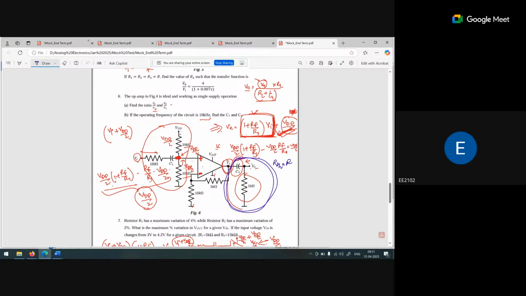That RTH is nothing but RL, because there is only a single resistance, so RTH is equal to the RL. Now again the formula F is equal to 1 upon 2 pi RTH C2, so you can calculate the C2 from here. Clear?